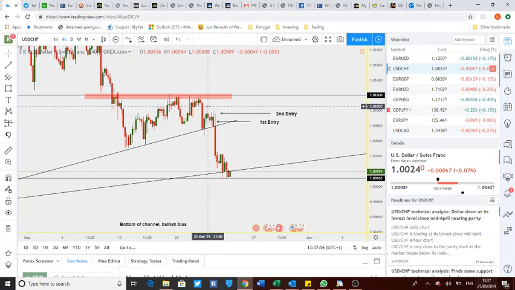So a question to you here is, would it have been sensible to take a position on the 3rd tap of this resistance, which of course would have been selling high, which is what we want, or do you think that where you took the position was a good position, and in fact where I took the position also was a fair entry? So maybe you can let me know what you think on that.